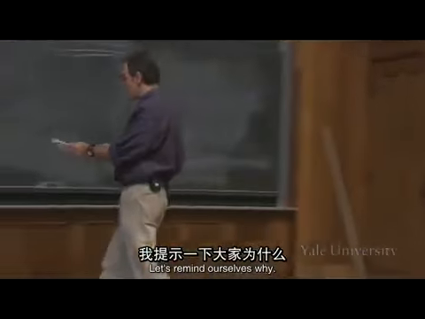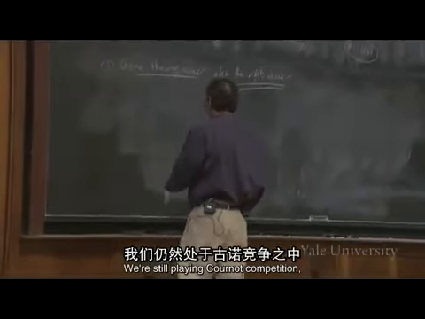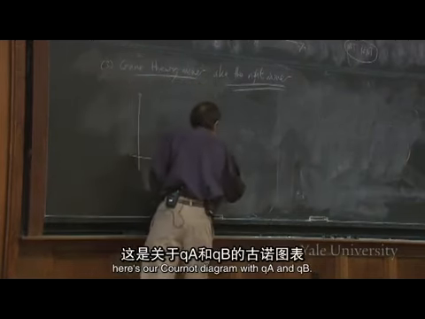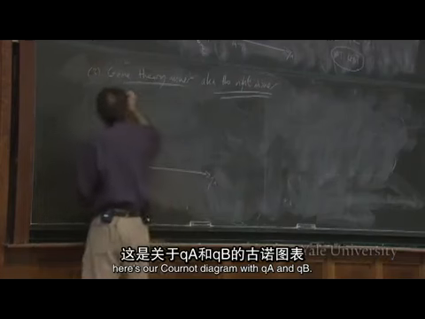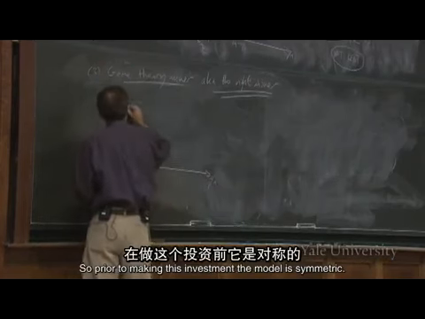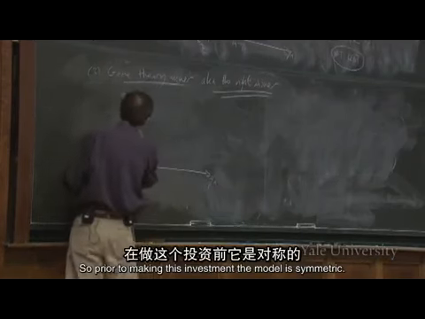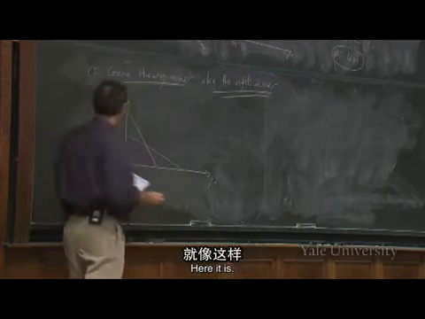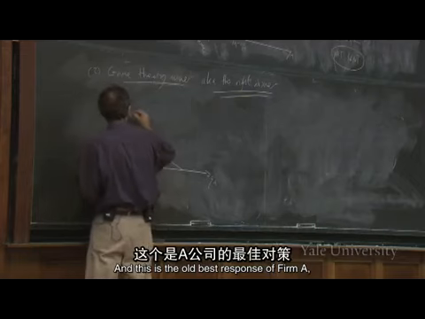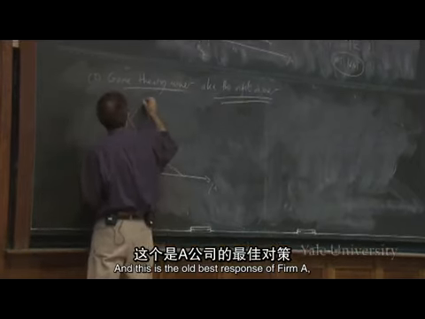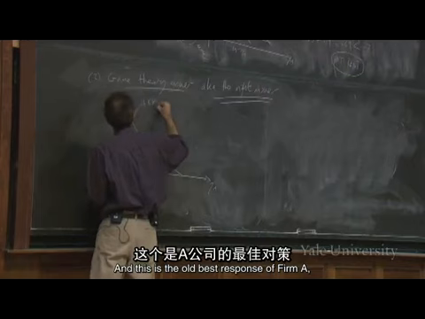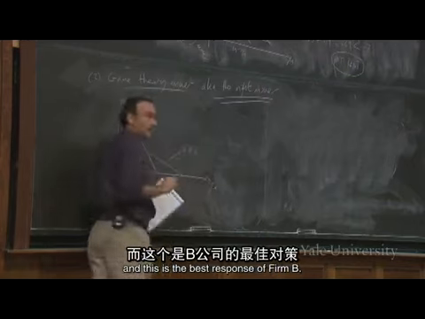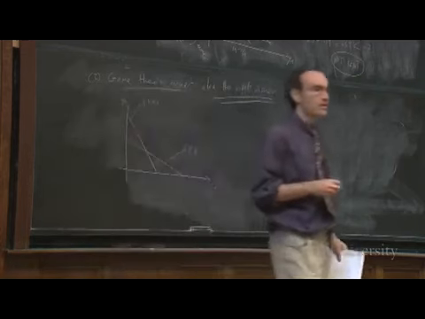Let's remind ourselves why. We're still playing Cournot competition. Here's our Cournot diagram with QA and QB. So prior to making this investment, the model is symmetric. Here it is. And this is the old best response of firm A, and this is the best response of firm B. All right?